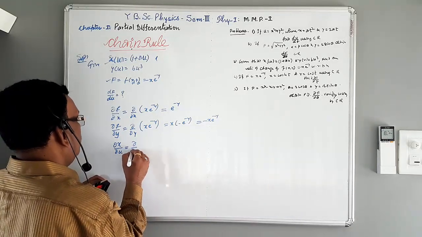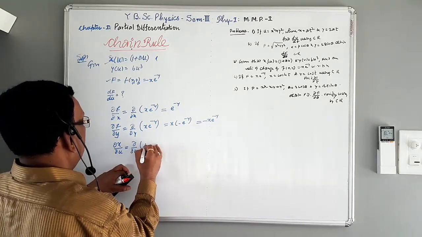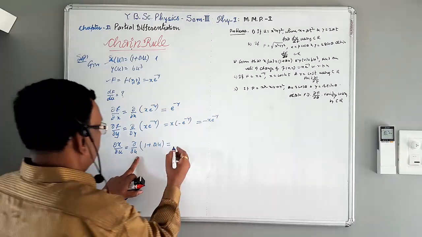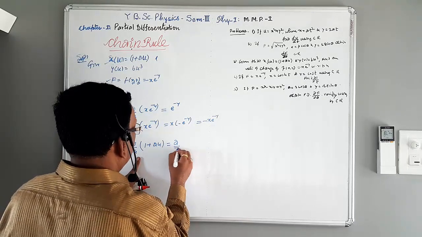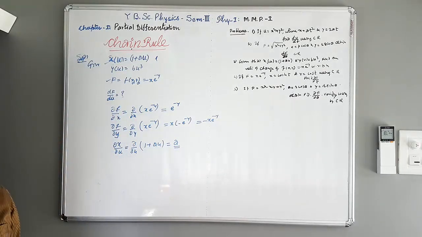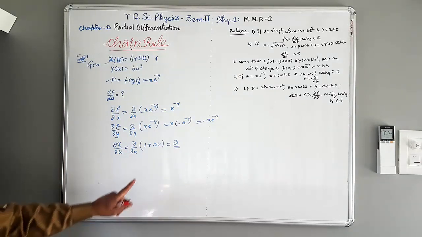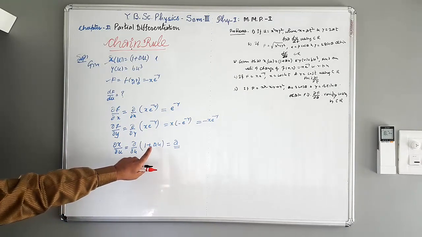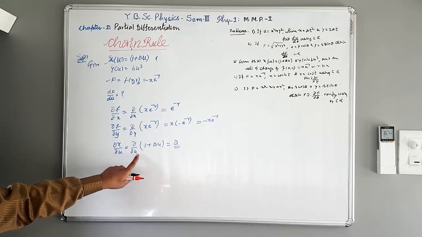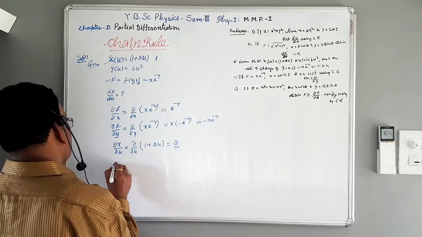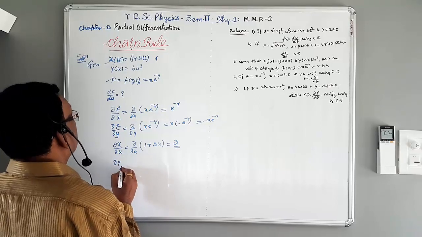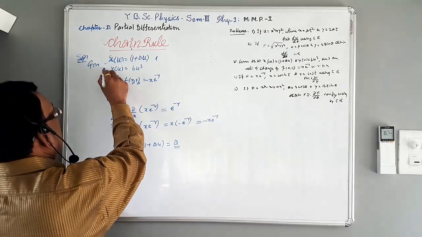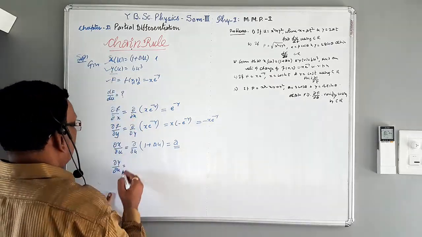We have delta by delta u of 1 plus a u. Again here we are having answer only a, because differentiation of 1 with respect to u is 0 and differentiation of a u with respect to u is only a, and lastly dy by du, that means we are going to differentiate with respect to u.